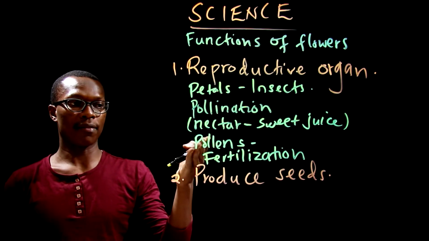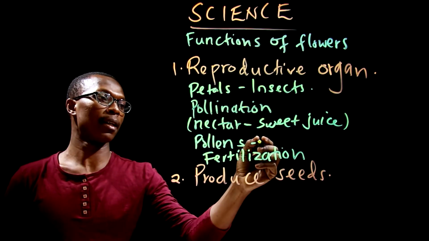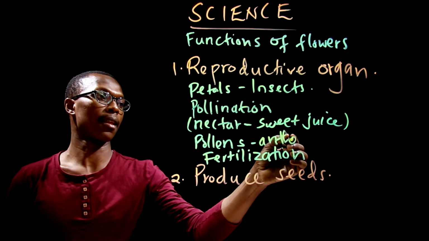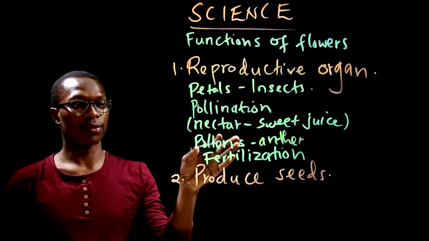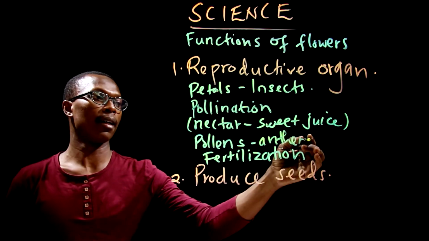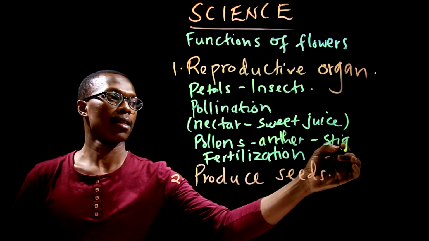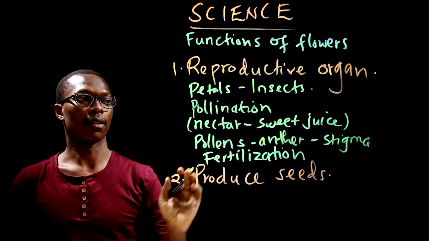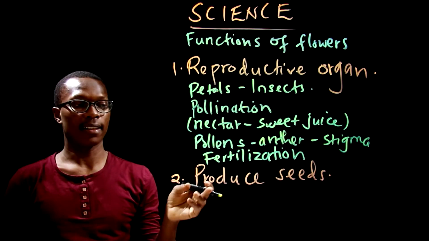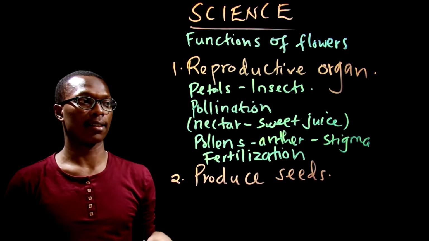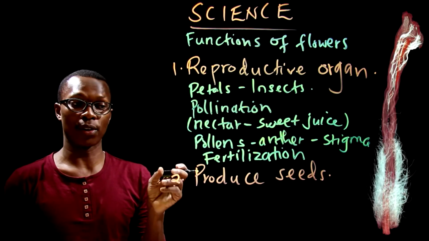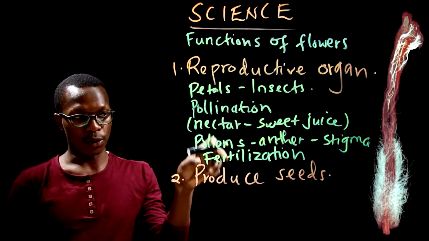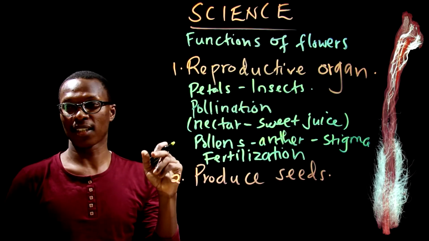So the pollen normally comes from the anther. After carrying these pollen from the anthers, they go to the stigma. It will land on a stigma. After landing, the pollen will move inside, going down, creating a tube called the pollen tube, because it's just a tube that goes down, but what is passing through is the pollen.